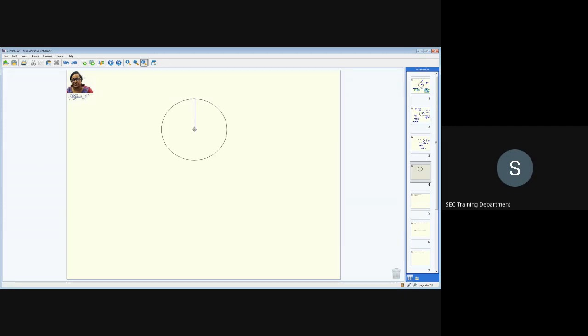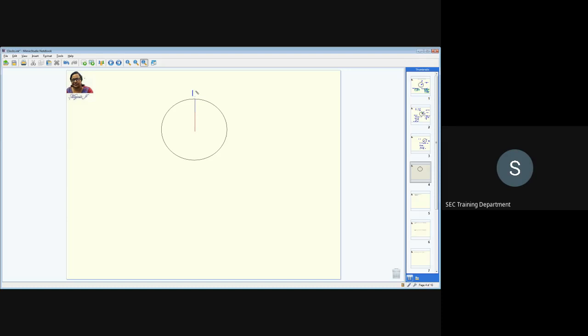That means they coincide with each other, right? I'm putting both the lines here, so they are coinciding. And that happens at 12 o'clock, right? And what will be the time next when they coincide with each other?